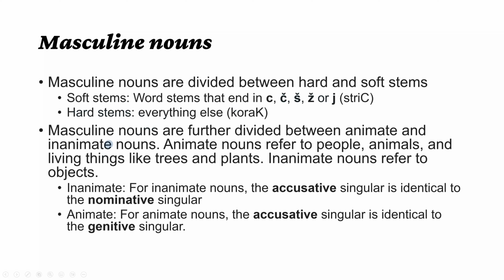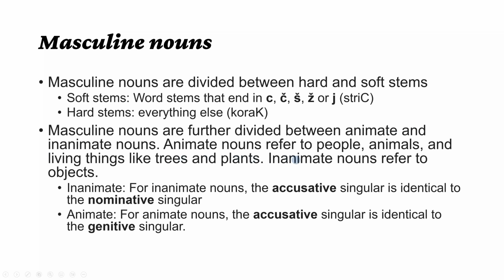Okay, and masculine nouns are also further divided between animate and inanimate nouns. Basically, animate nouns are people, animals, and living things, such as things in nature, trees and plants.